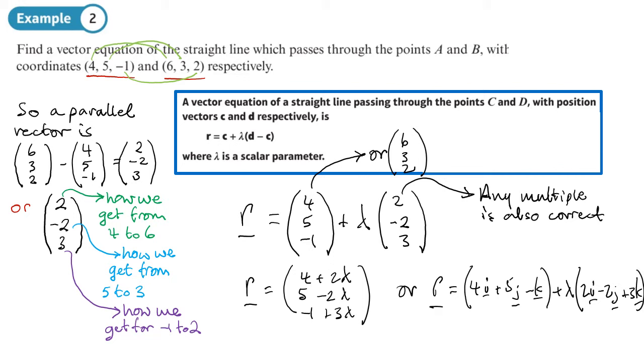Any one of those is fine. Now we can use any scalar we like. Often you'll see t here as well, or s or mu. So don't think it has to always be lambda. Any scalar. Sometimes in the question they specify, but if they don't, just use t, lambda, mu, s.